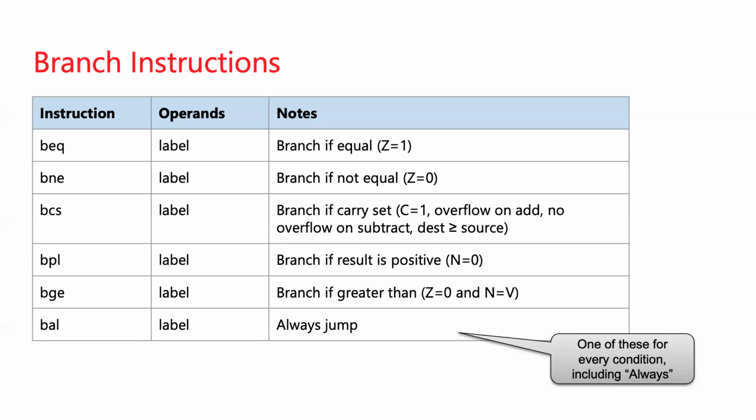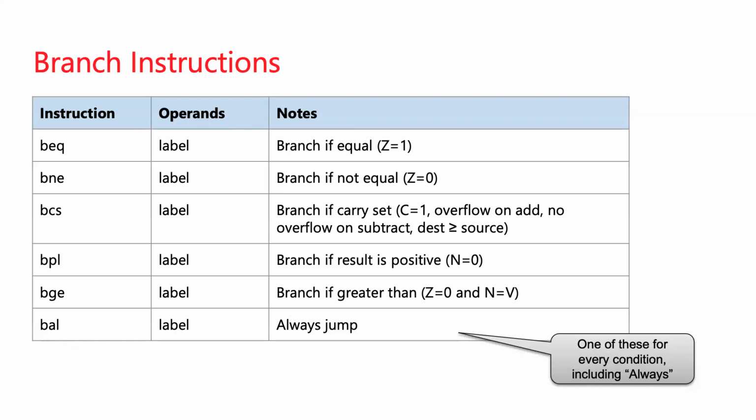If you just did a subtract, it would indicate no overflow. Or if you thought of it as a greater than, less than comparison, it would be if the destination was bigger than or equal to the source. And I won't read through the rest of these, but I'm just showing you've got branches for all of the condition comparisons, including always branching. We said there was an always condition, and there's a branch to always take a jump. We've got enough to write some code.